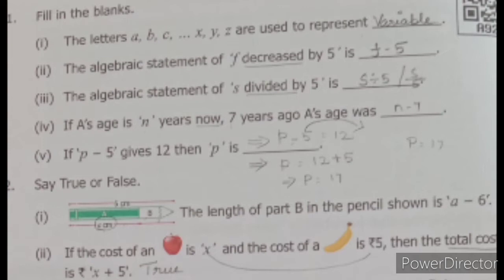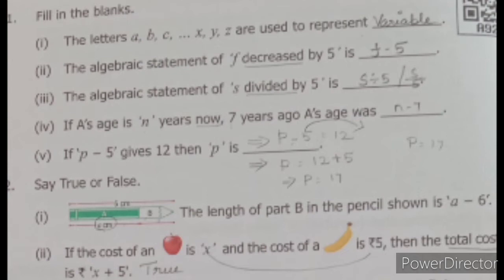The second one, the algebraic statement of f decreased by 5 is f minus 5. The algebraic statement of s divided by 5 is s divided by 5 or s by 5. If A's age is n years now, 7 years ago A's age was n minus 7.